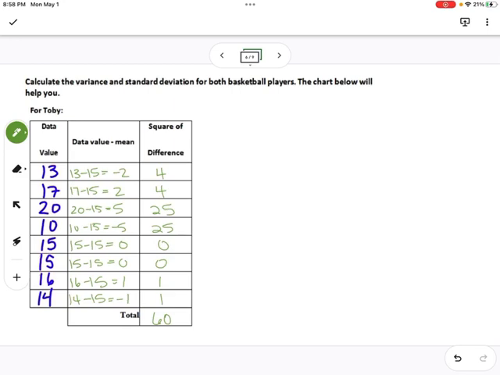Okay. The last step for our variance, once we have the sum, we need to divide by the number of numbers. So there are 1, 2, 3, 4, 5, 6, 7, 8. So that is 60 divided by 8. And we get 7.5 as the variance.